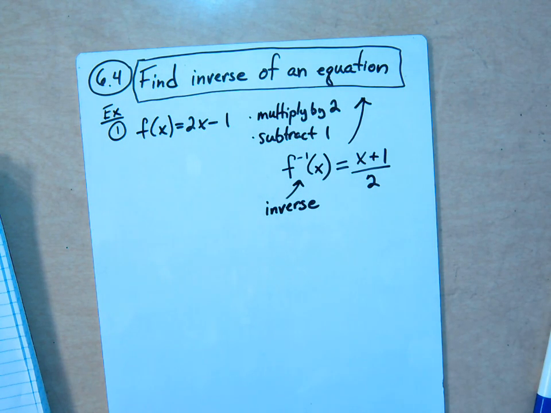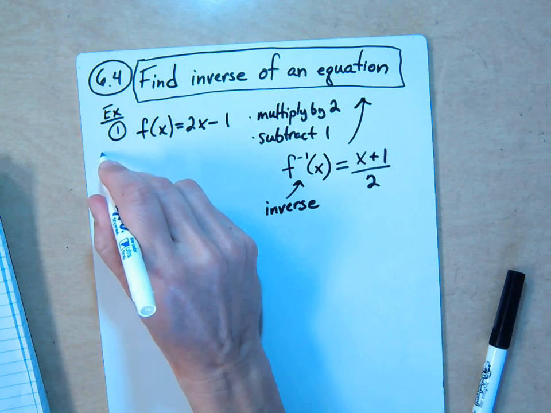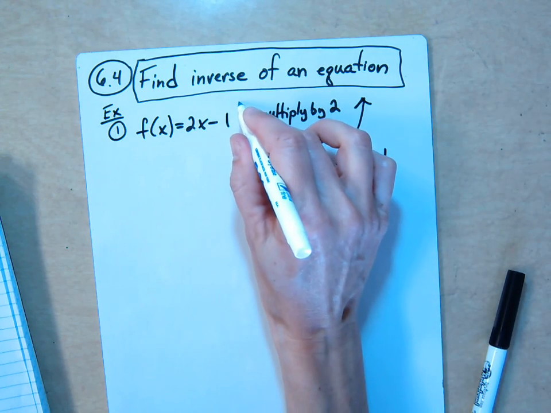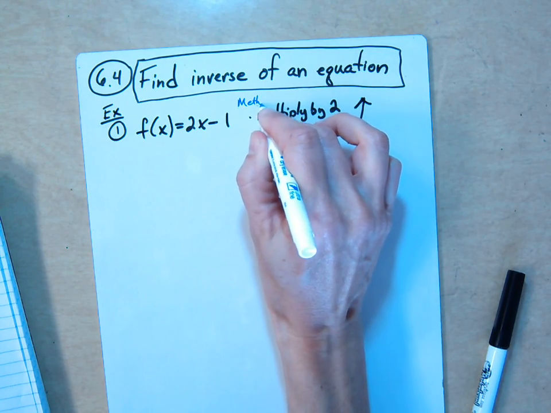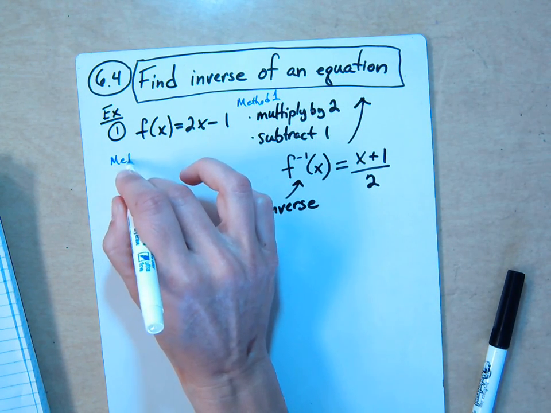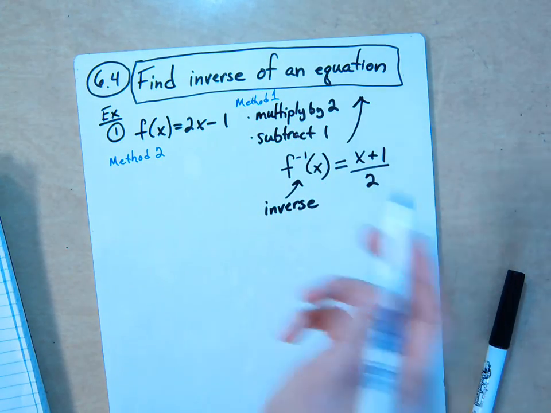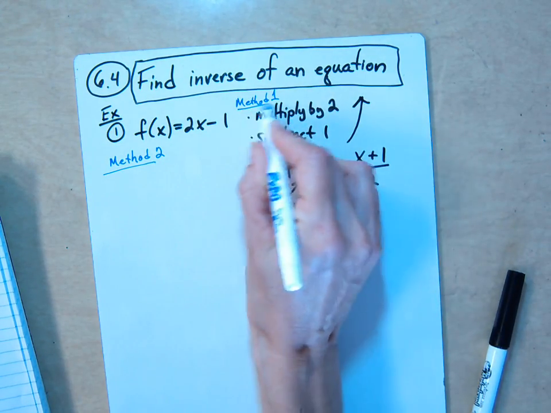Now there's another way to do this. So method 2, that was method 1. Here's method 2. And sometimes when they get more complex, we want to use method 2.